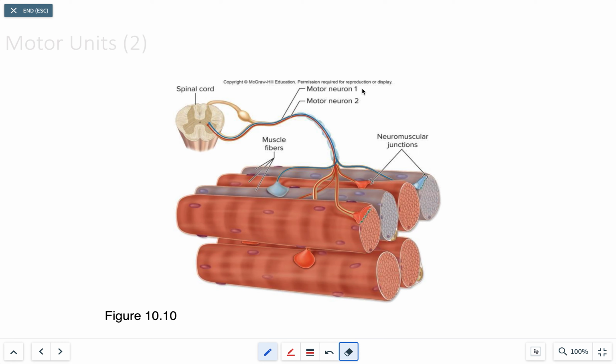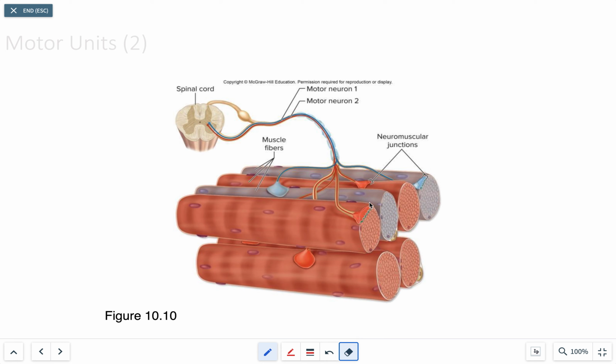We see motor neuron number 1, whose action potential will travel down the axon, and then it will control all of the muscle fibers at the neuromuscular junction, all of the muscle fibers shaded in red.